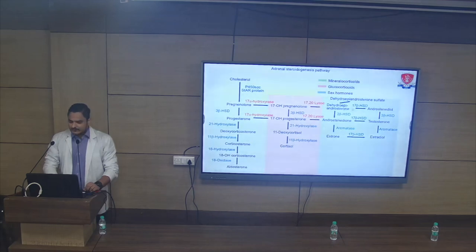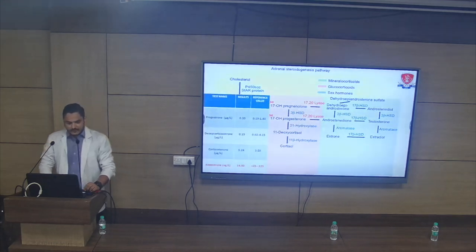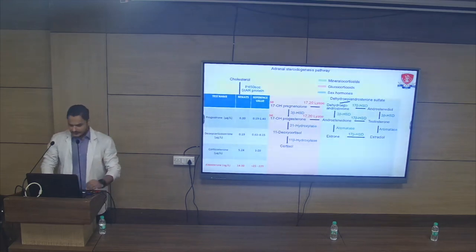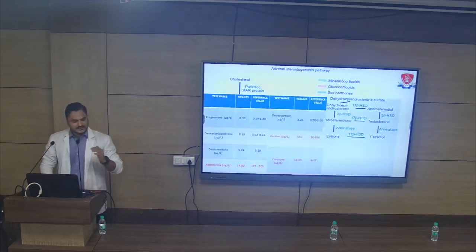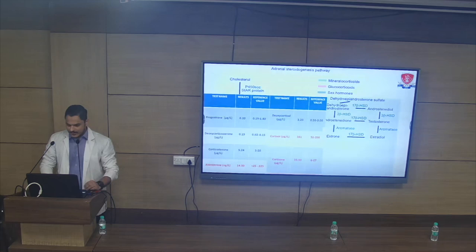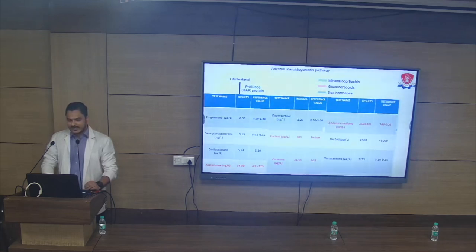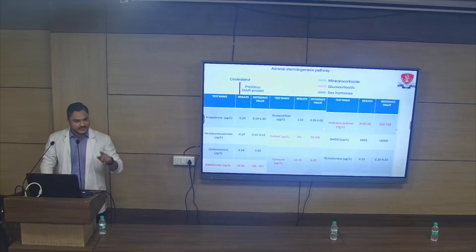And the third column depicts the formation of sex steroids in the zona reticularis. When we got the tests done, we found that aldosterone was suppressed, the cortisol levels were very high, and the androstenedione levels, that is the androgen, were also very high. By this hormonal profile, with very high cortisol and very high androgen levels, we suspected that the patient had adrenocortical carcinoma.